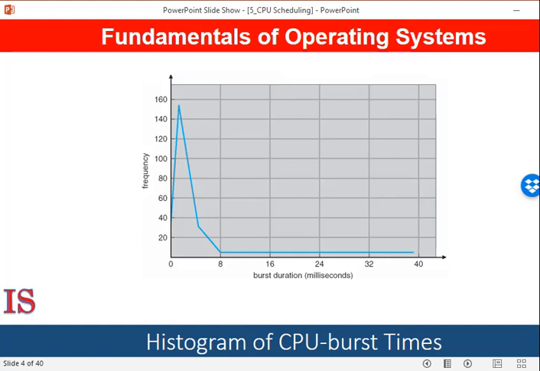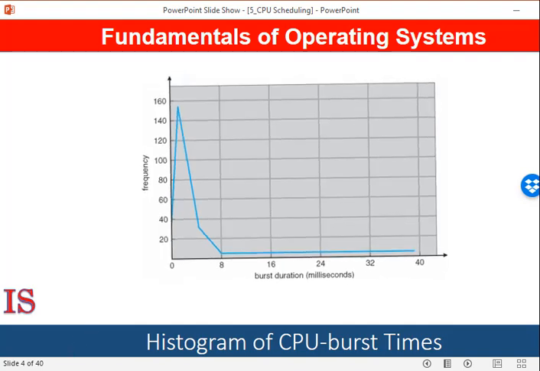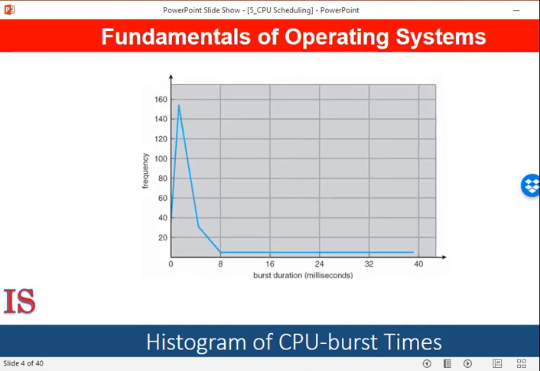The durations of CPU bursts have been measured extensively. Although they vary greatly from process to process and from computer to computer, they tend to have a frequency curve like the one shown here. The curve is generally characterized as exponential or hyper-exponential, with many short bursts and a few long CPU bursts.